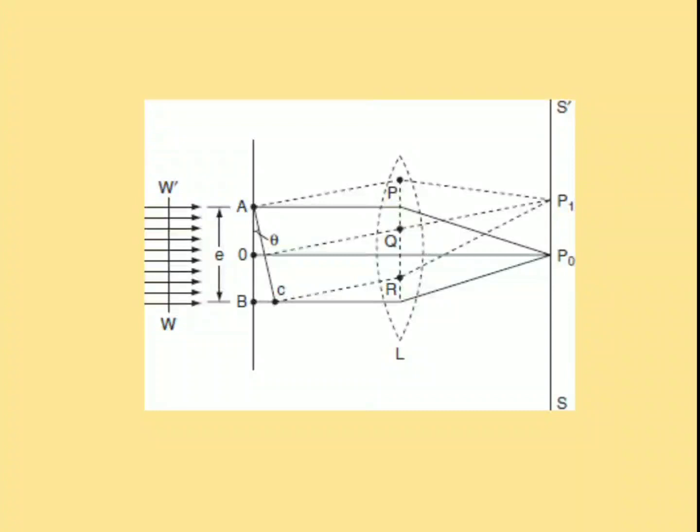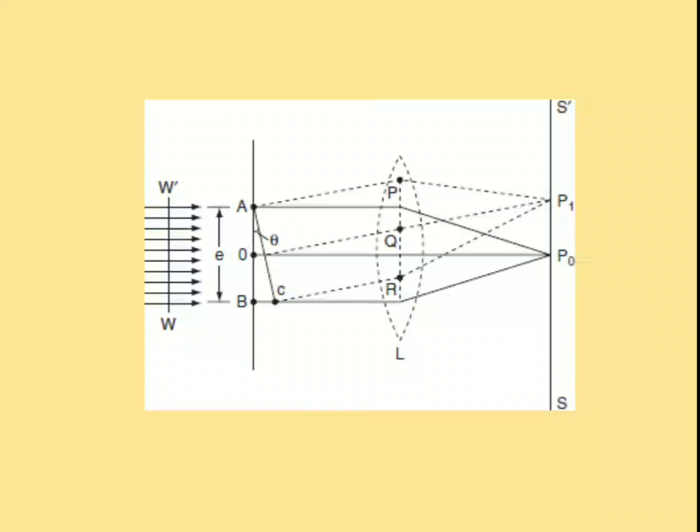Actually, in interference there are only two cases, maximum intensity and minimum intensity. We also discussed the differences between interference and diffraction. In interference, all the maximum intensities are equal, but in diffraction there is a rapid fall in intensity.